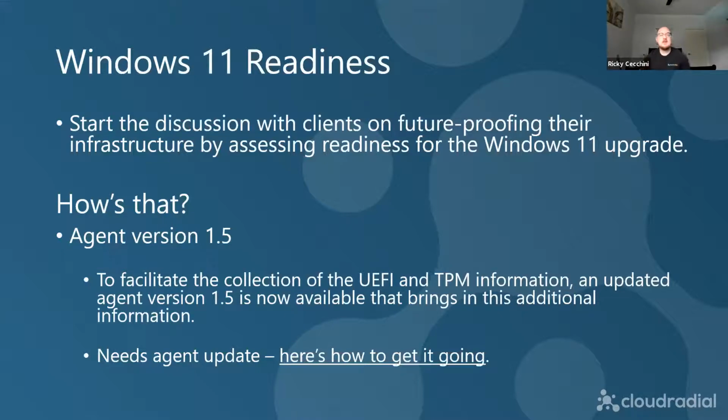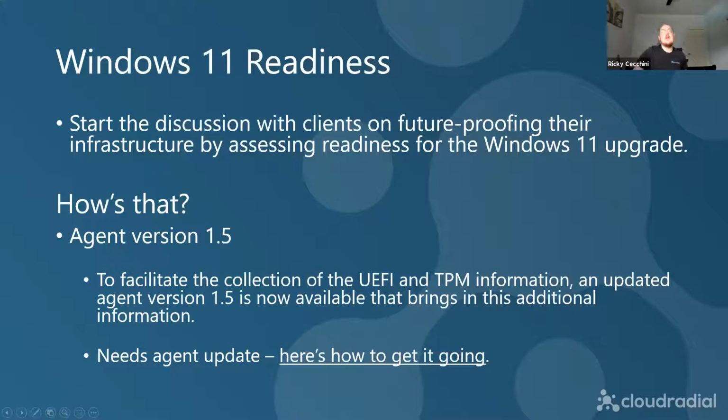You're not going to be able to see this if you don't have the latest version of the agent, which is agent version 1.5. And that is specifically gathering some information intended to do Windows 11 readiness as per Microsoft standards. And I put a link in this. We're going to send this PowerPoint out, I think, to anyone who is signed up for it. So you should be able to get all these links, and there's stuff in there.